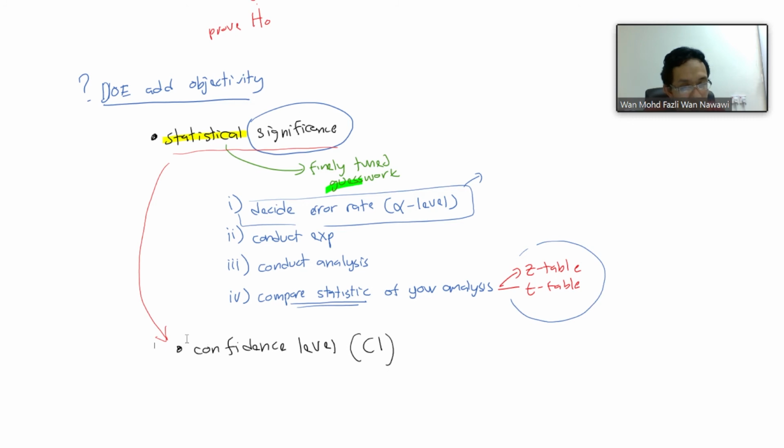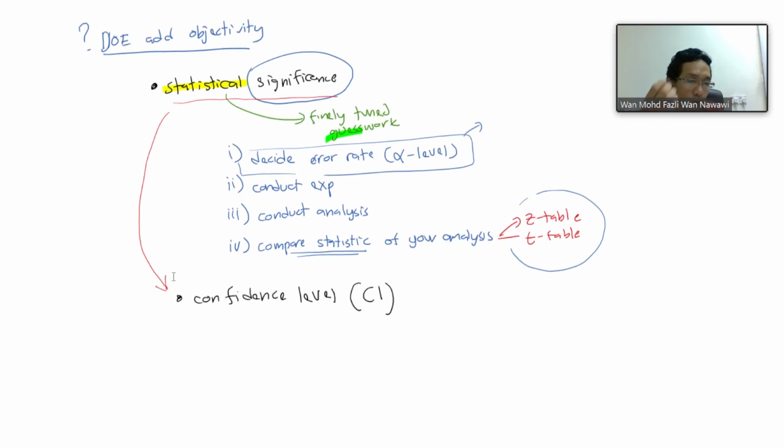If you are confident that your sample measurement would match the population measurement 95% of the time, then you say you have a 95% confidence level. Confidence level, CL, not CI. Typically people use a 95% confidence level. This is common. You are the one who decides what level of confidence you want your result to have.